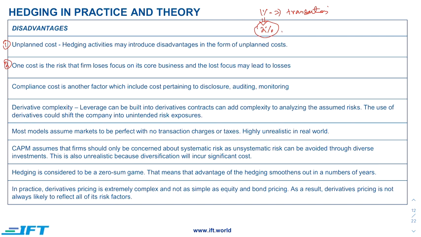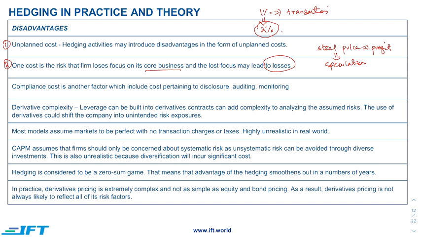The second disadvantage is that the firm may lose its focus on core business, and that may lead to losses. So you were actually hedging steel prices to manage volatility, but you end up making profit from the derivative market in the steel prices, and you see that as an opportunity, and you say that it's good to do hedging, but we can also do some speculation there, and we can earn some extra money while doing the trading.